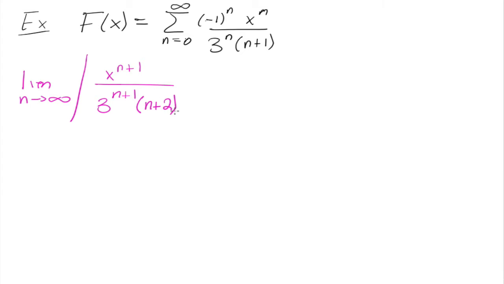Notice I removed something. What did I remove? Why did I remove that? Yeah, we're taking an absolute value, so I can just take it out for now. It's still part of the series, but right here we're looking for absolute convergence.